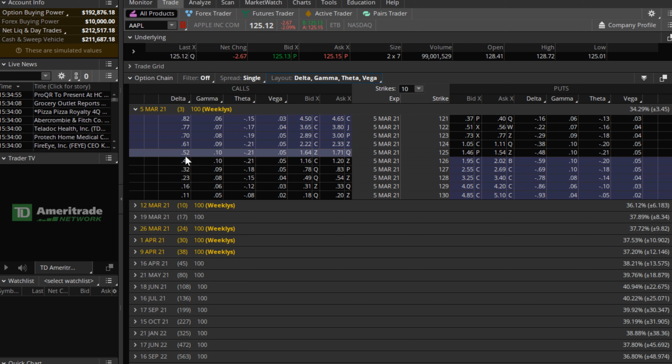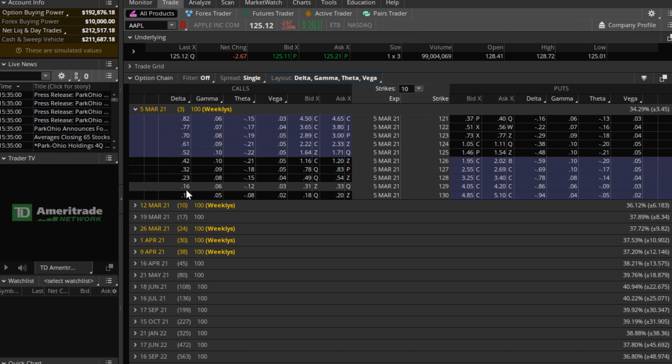So for a $1 move of Apple upwards, this particular call at 125 will be worth 52 cents more than previous. For a $1 move down at the 125, the value of this call will be 52 cents less.